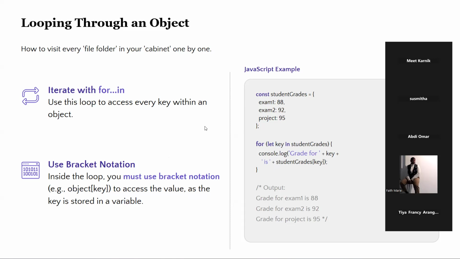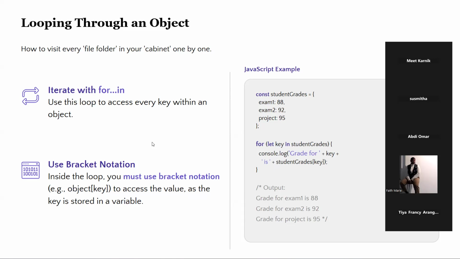But what we actually want is for JavaScript to use the current value stored inside the key variable. That is the main reason why we write student grades square brackets key and not grades dot key. On each loop, JavaScript builds a sentence like grade for exam 1 is 88, grade for exam 2 is 92, and grade for project is 95.